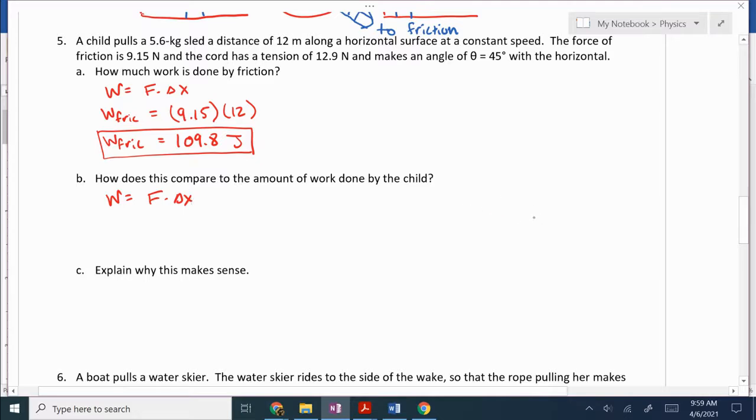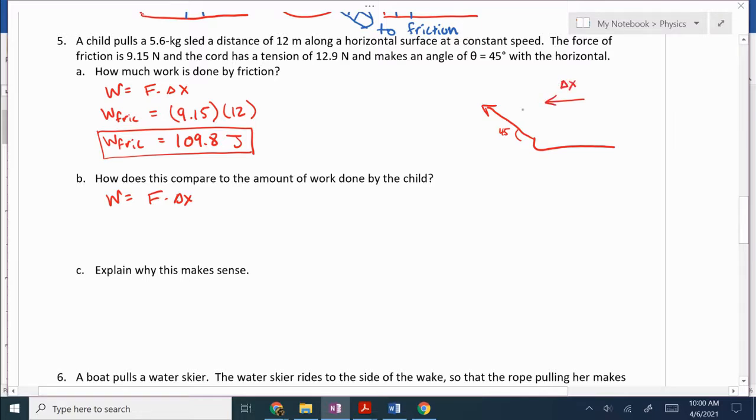If we picture pulling a sled, we've got a child pulling a sled in that direction, which makes a 45-degree angle. They're pulling in that direction, and the displacement is the delta x direction.